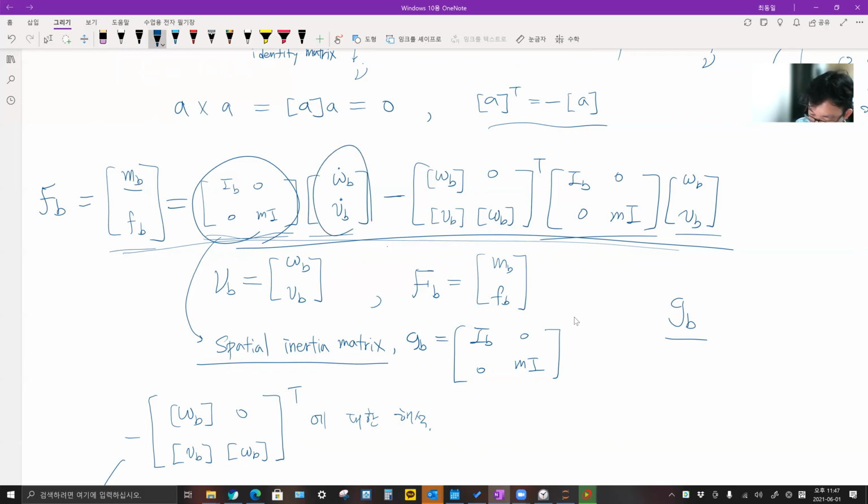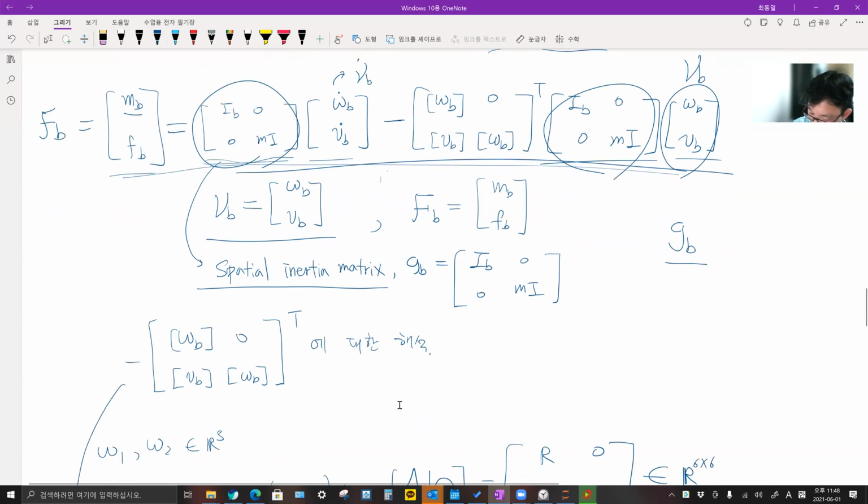And this one is the time derivative of twist. So it is like this. And this one is also G. This one is twist. And this one is a new concept.